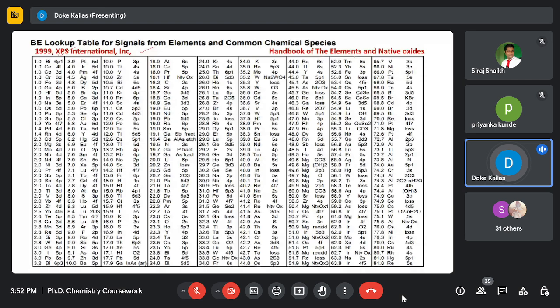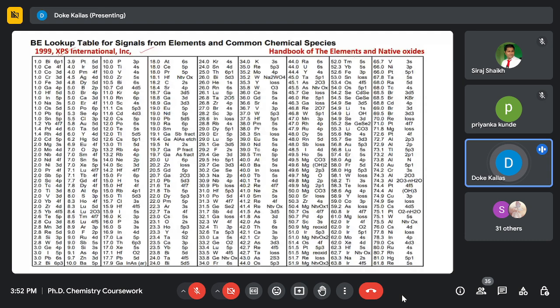There are many elements having binding energy 1 electron volt, but all these orbitals are valence shell orbitals, which require less energy to remove the electrons. So therefore, their binding energy is less. So this handbook is available.